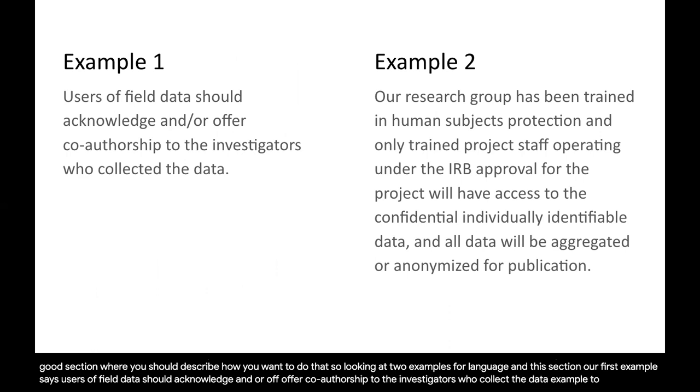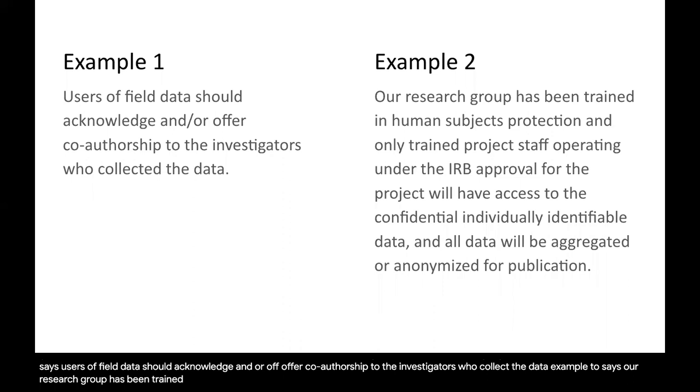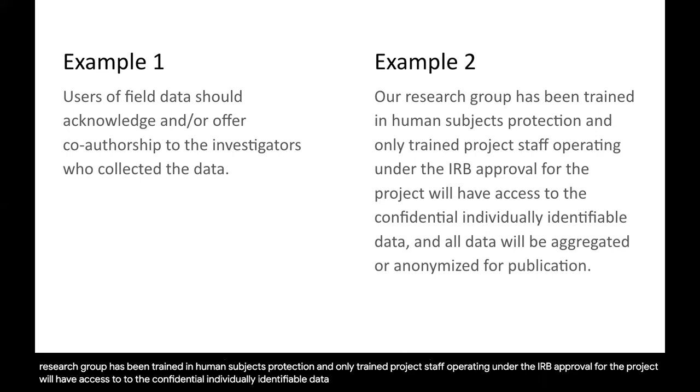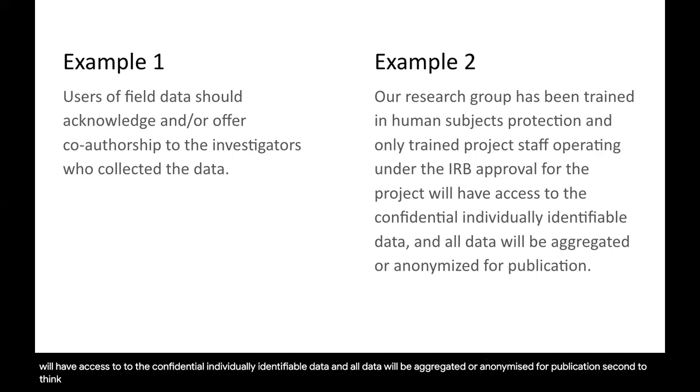Example 2 says our research group has been trained in human subjects protection and only trained project staff operating under the IRB approval for the project will have access to the confidential, individually identifiable data, and all data will be aggregated or anonymized for publication. Give you a second to think about these two options. It looks like we have some votes for example 2.